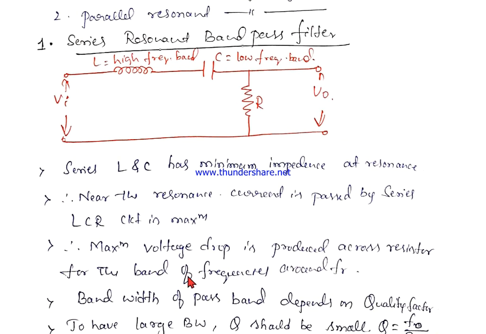So the bandwidth of the band pass filter depends upon the quality factor. We have discussed this earlier. To have a large bandwidth, the quality factor should be small because the bandwidth is inversely proportional to the quality factor. The relation between the quality factor, resonant frequency and bandwidth is Q is equal to fr divided by bandwidth.